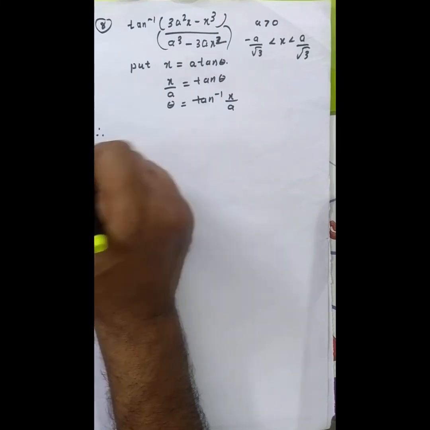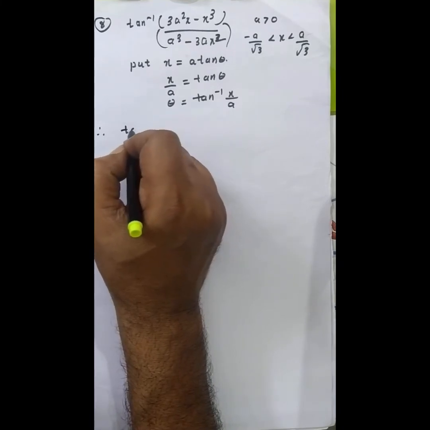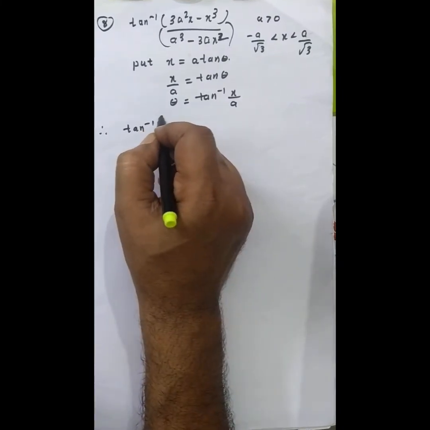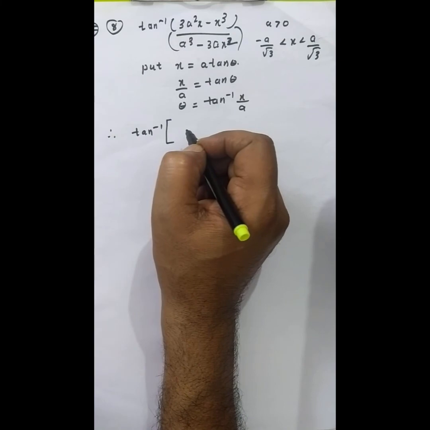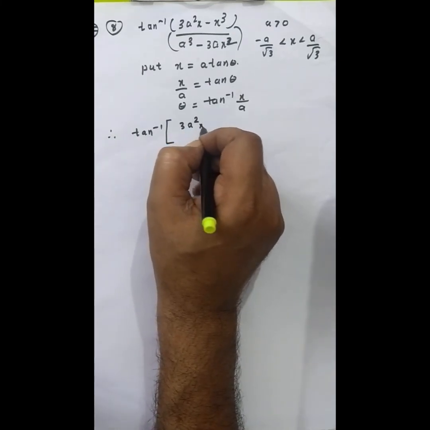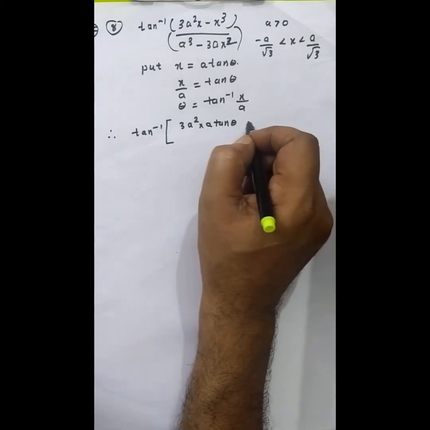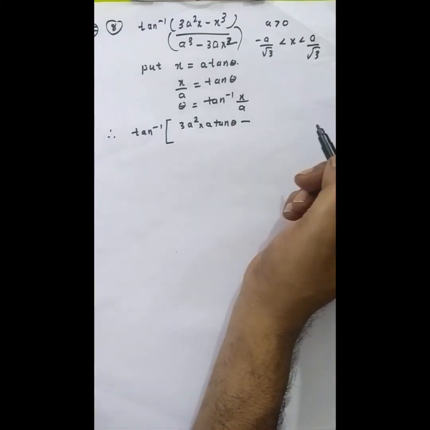So what happens to the given sum? The given sum becomes tan inverse of, wherever x is there, you have to put a tan theta. So it will be 3 times a square into a tan theta minus x cube.